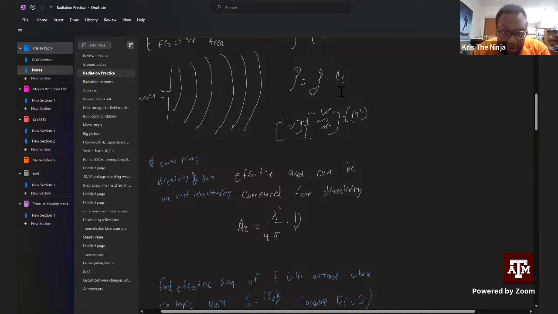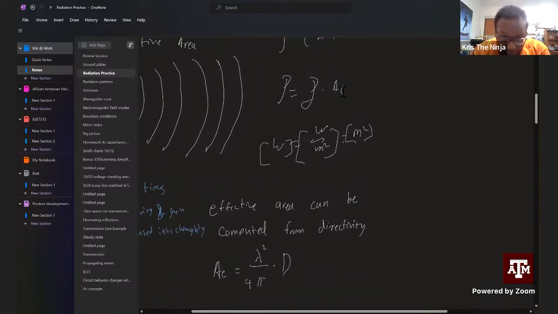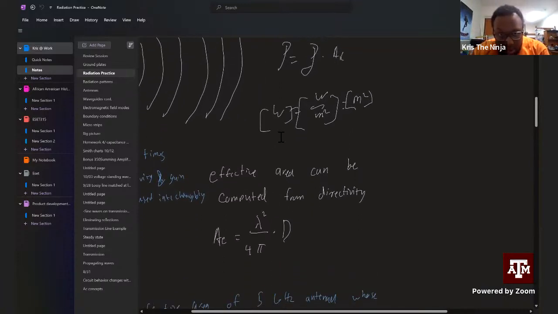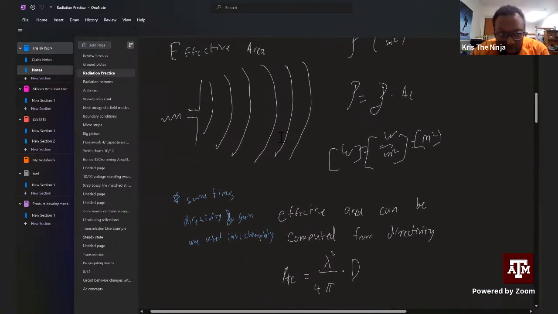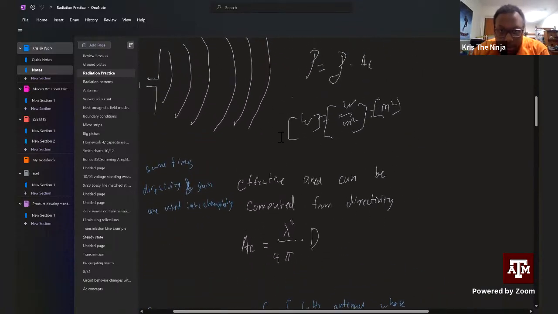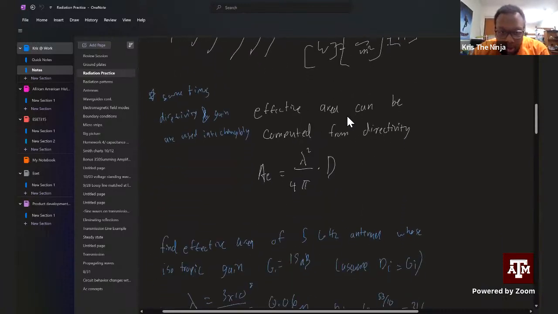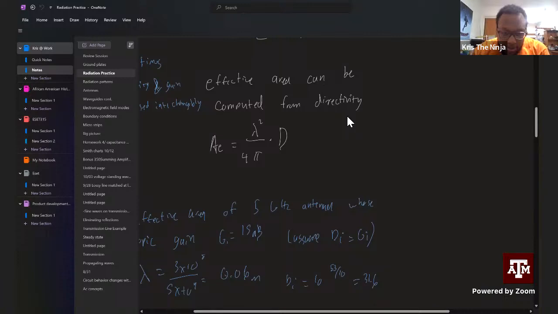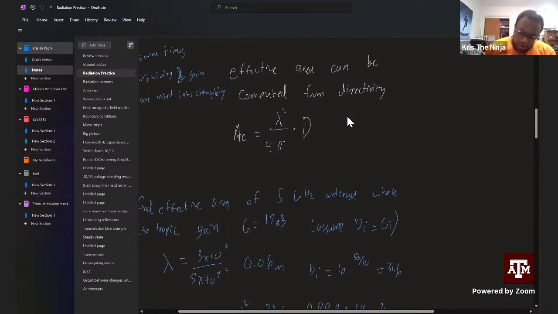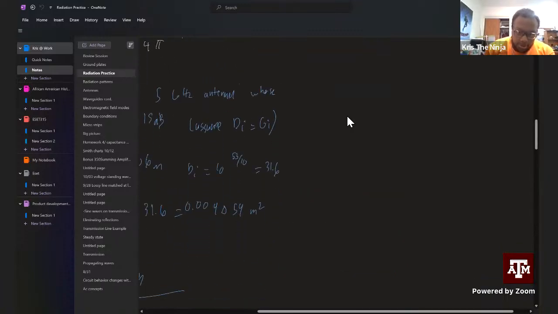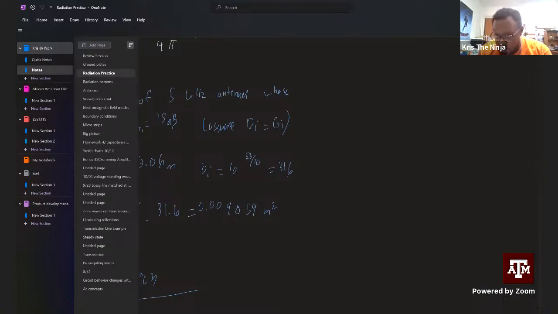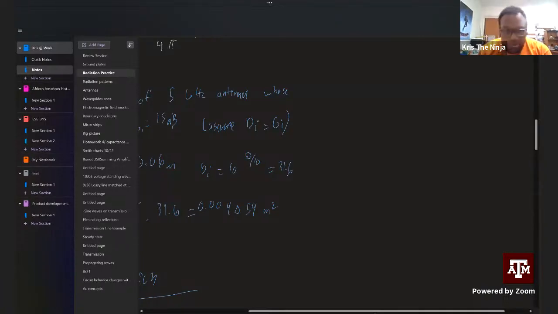So you could do power times the effective area, or you could, well no, power times effective area just tells you how much power. I think that's power density. But effective area can be computed from lambda squared over 4 pi d. So in this example, I'm going to scroll down here and full screen it.